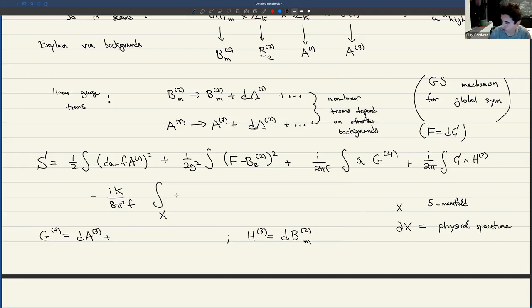There's a trick for writing the kind of problematic term that we have to deal with. And the point is that once I do that, then I don't have to deal with the fact that A is periodic, because I can just write dA. So I can try to write something like this.